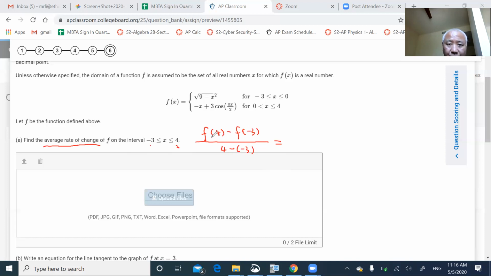So you will have f(4). f(4) follows this piece of the function. So you're going to have -4 plus 3 times cosine of pi times 4 over 2.